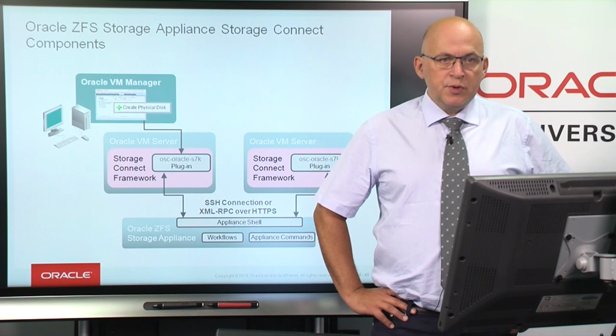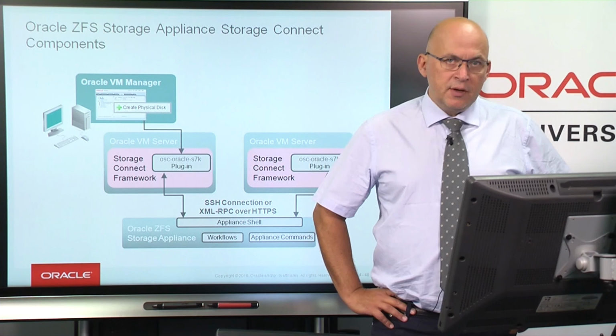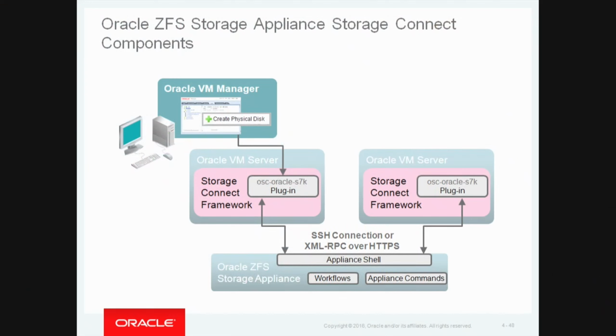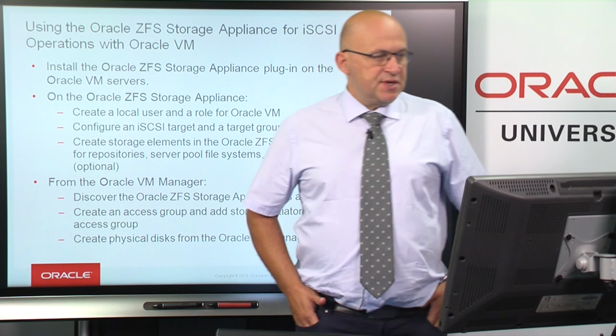This library has to be installed on every Oracle VM server which has to work with a backend ZFS storage appliance. Then through a guided discovery launched from the Oracle VM Manager, you will discover the ZFS appliance, and then you can start to create physical disks.